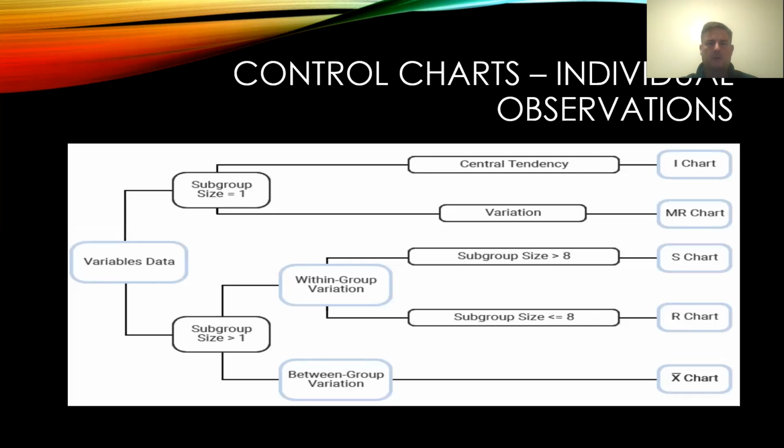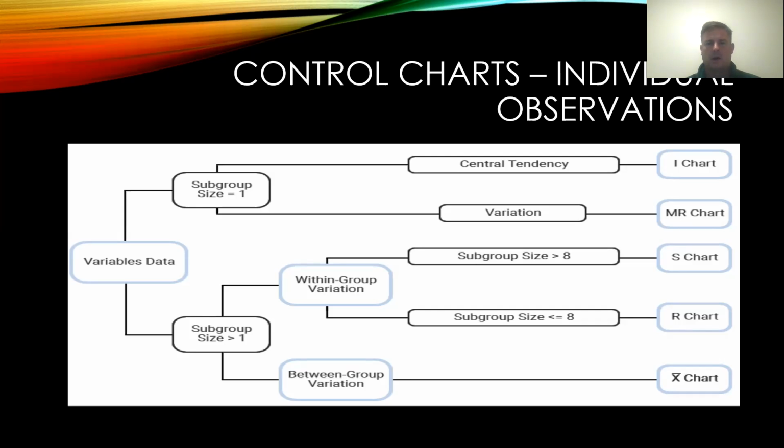This is a similar chart, but in the back cover of your book, you'll see this kind of stuff. You've got variables data here, and I just took a little snippet of it. When you go to the top, it says subgroup size equals 1.